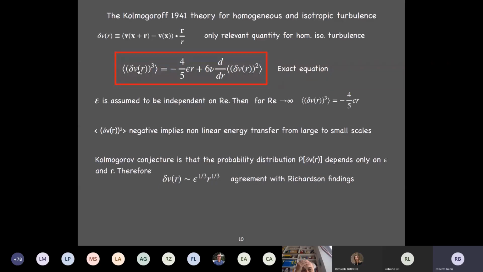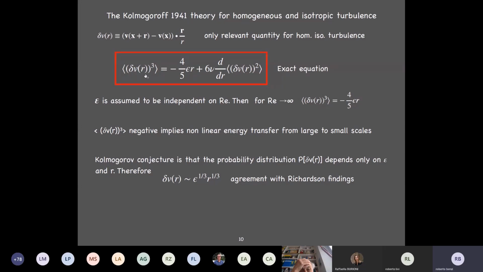After a long, somehow painful derivation, this can be shown to be proportional to the rate of energy transfer from the large to small scale. So whenever this quantity here is negative, then you can immediately argue that there is an energy transfer from larger to smaller scale. This is due to the nonlinear transport of the velocity field, as well as this term, which is related to the average rate of energy dissipation in the system.